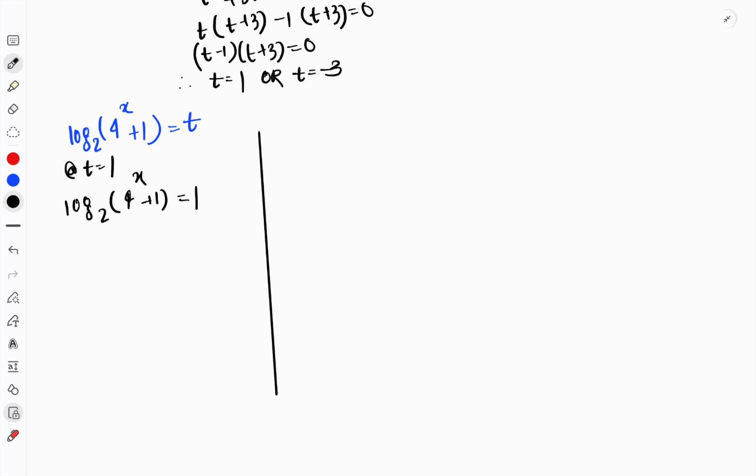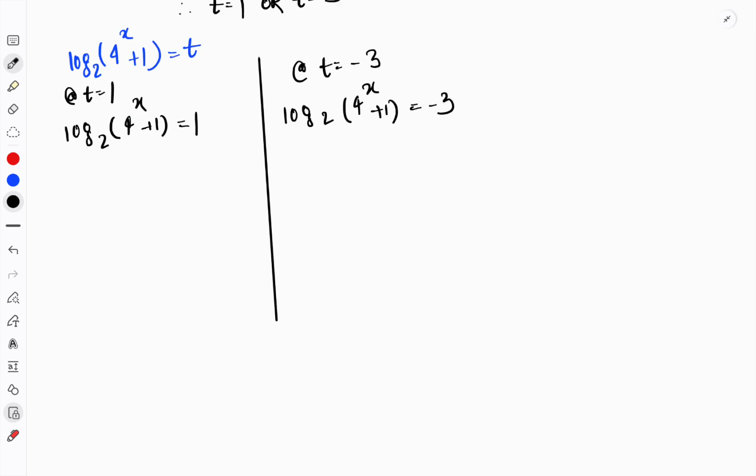It's okay. And then we have at t is equal to minus 3, log 2 4 power x plus 1 is equal to minus 3. And what we use over here is that x is equal to log n to the base a gives us a to the power x is equal to n.